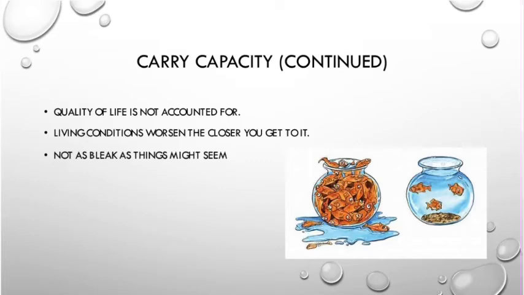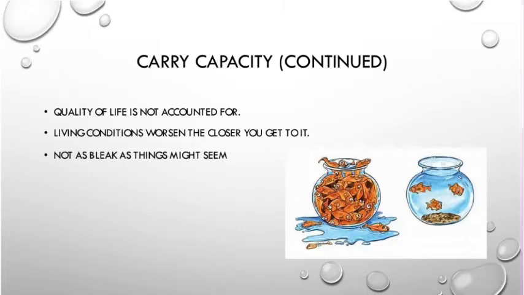The big problem with looking at strictly carrying capacity is that it doesn't look at quality of life also. Because the more people you have on a planet, the more the resources get spread out and thinned out, and it means the quality of life isn't as good for everyone.